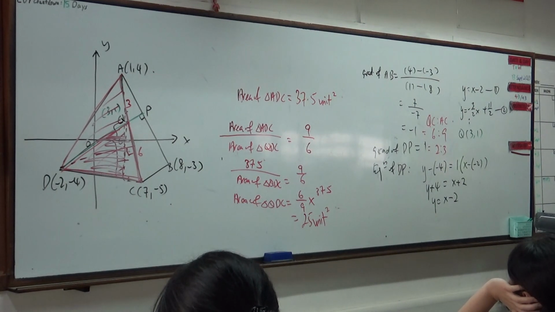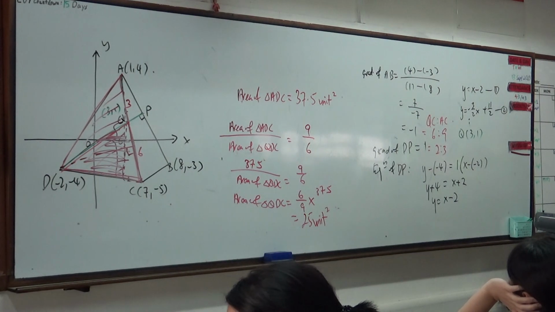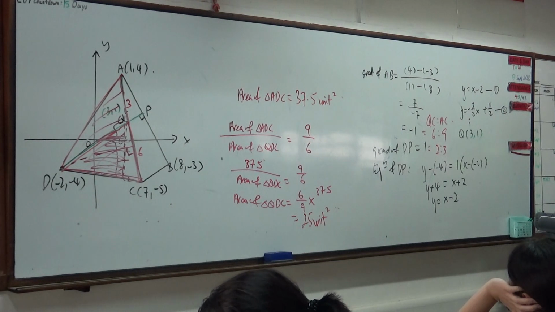You go and find QC, what's the length, and then after that, you take all the thing, and then you can get an answer also. Okay, but I find that we already learned that triangles sharing the same height, your area ratio is with respect to the base, then I think we should use it. Everybody clear?